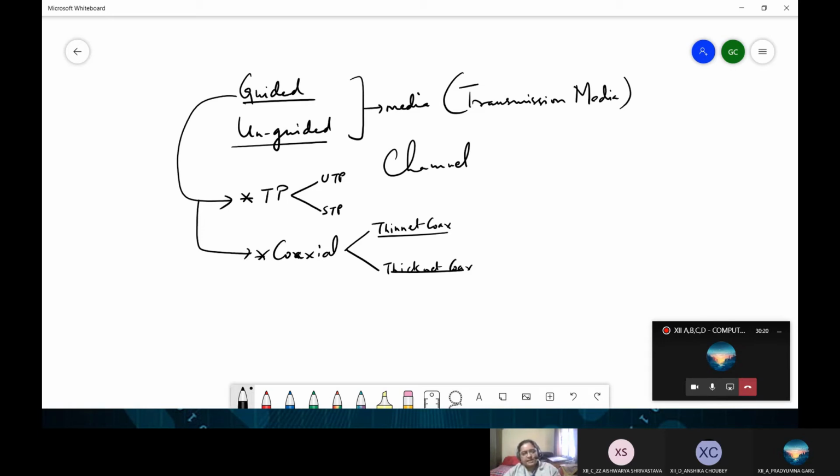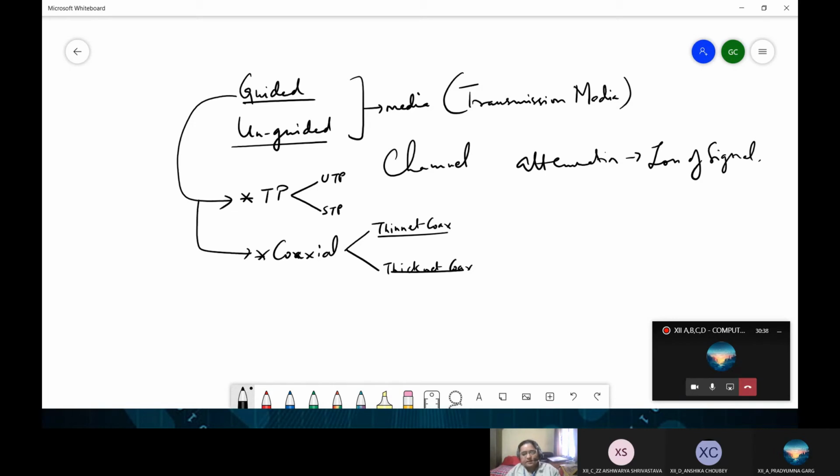And why do we need external conditioning? Because of attenuation, that is loss of signal. If you go on increasing the segment length, what will happen after a certain distance? Signal loss will start becoming significant.